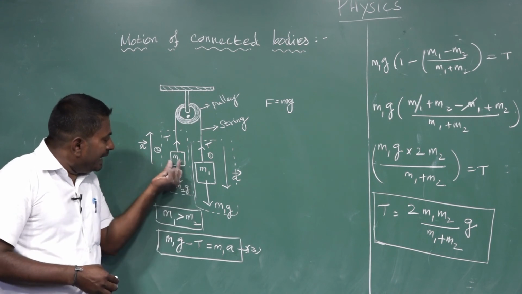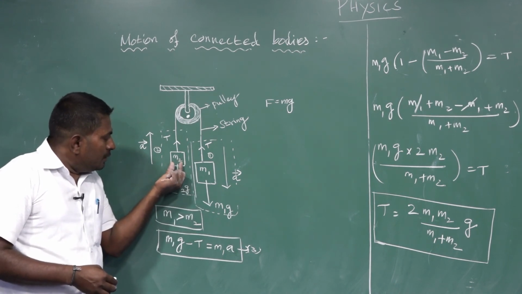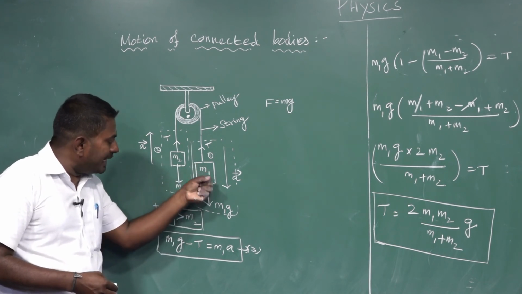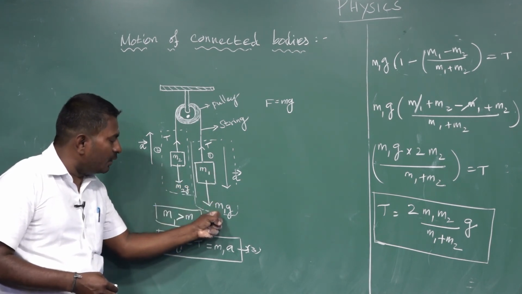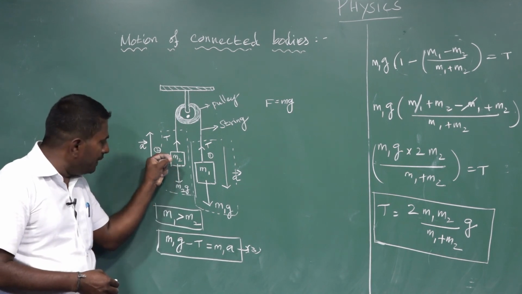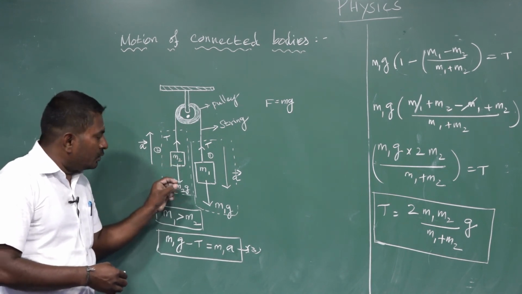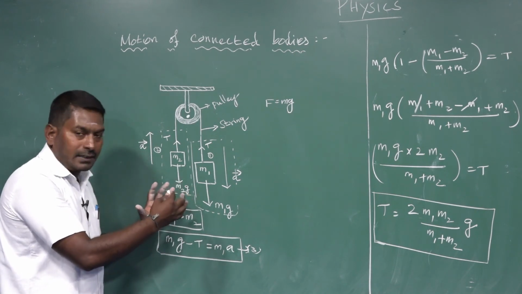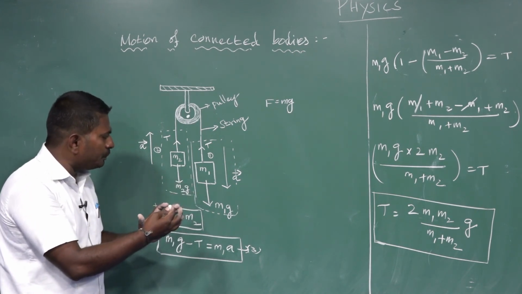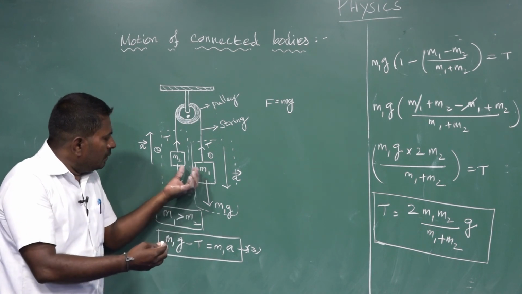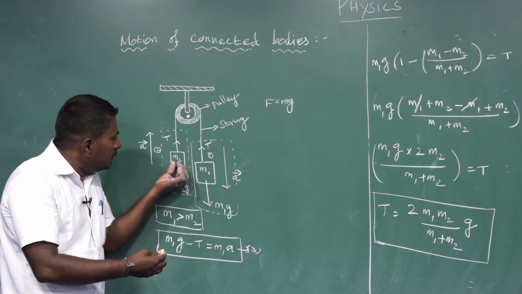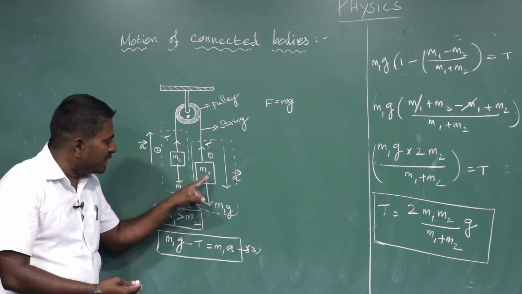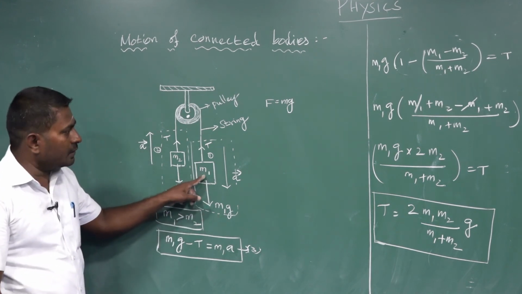We can lift the m2 mass by the m1 mass, because m1, being the greater mass, experiences a greater gravitational force, while m2 experiences a lesser gravitational force. So the difference in masses gives different gravitational forces, and m2 is lifted by the greater gravitational force on m1.